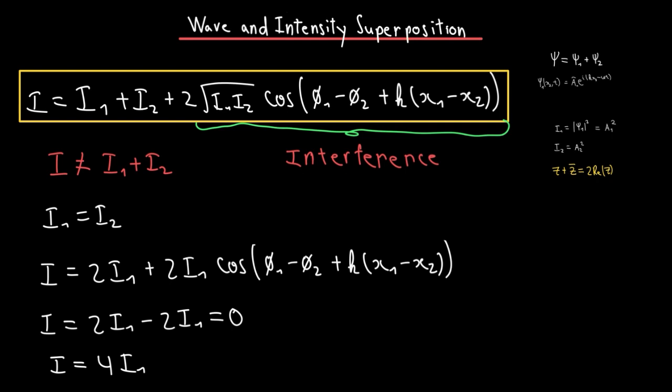But what's even more interesting is not how the intensities don't add up, but why they don't add up. Well, it comes from the argument over here, and so the phase difference. So the input of the cosine is called the phase difference. And phase difference is what underpins interference. But how do we get phase difference?